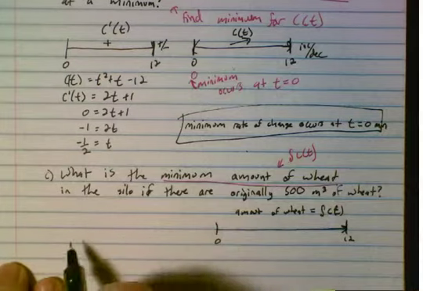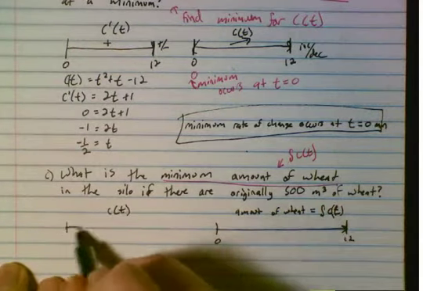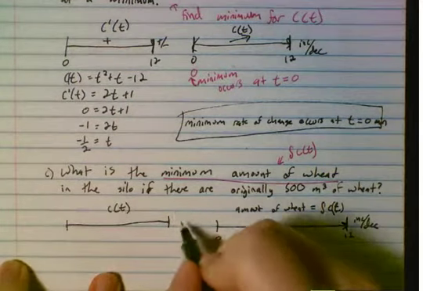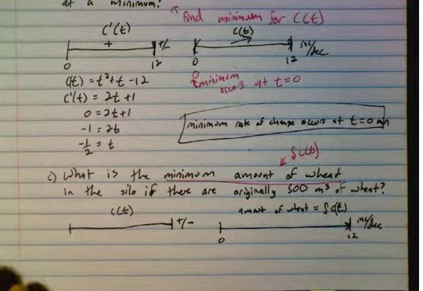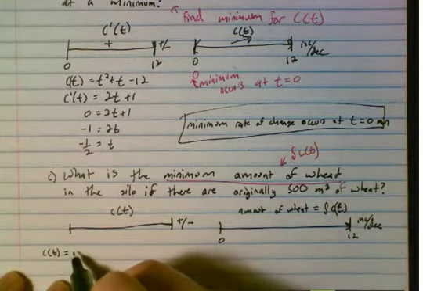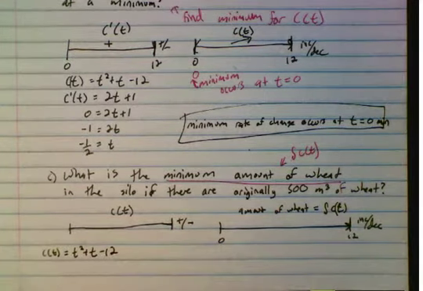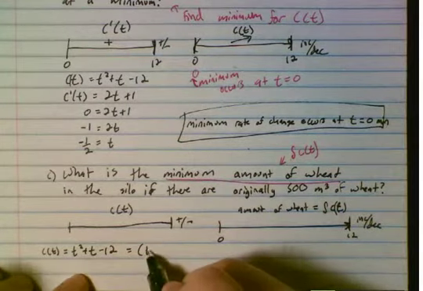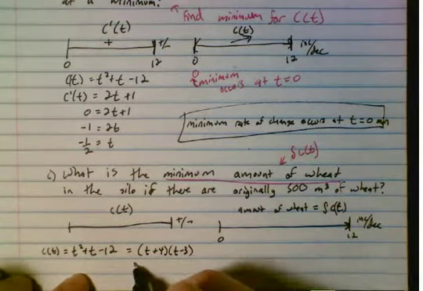That means the derivative is just plain old C of t. Okay, and C of t is t squared plus t minus 12. So that is t plus 4, t minus 3.